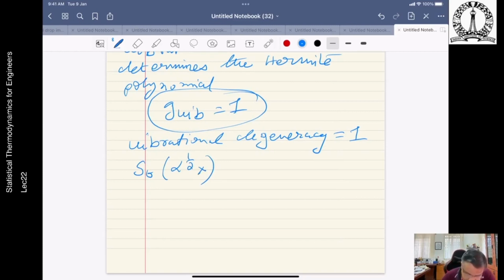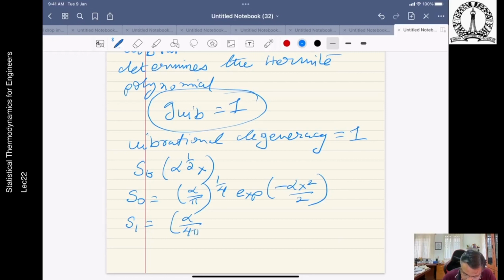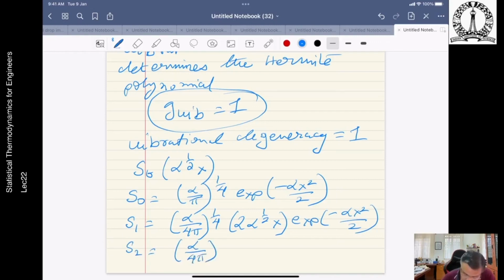For example, psi 0 is (alpha by pi) to the 1/4 exponential minus alpha x squared by 2. psi 1 is (alpha by 4 pi) to the 1/4 into 2 alpha to the half into x exponential minus alpha x squared by 2. psi 2 is (alpha by 4 pi) to the 1/4 into (2 alpha x squared minus 1) exponential minus alpha x squared by 2.